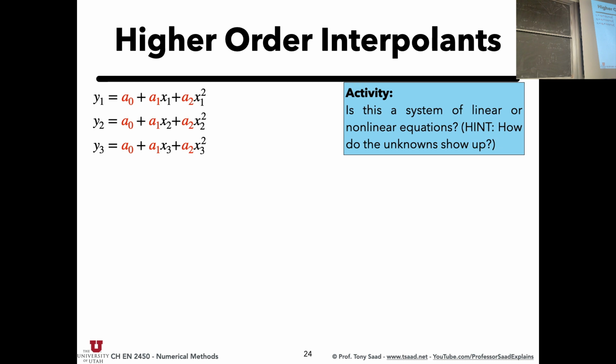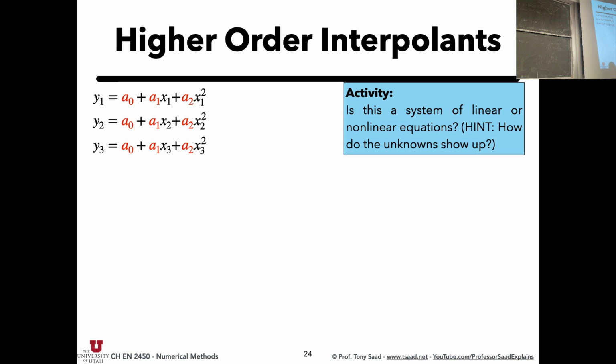For all I care, they could be under logarithms or x1 to the power 1 million. It's a value. It's a number. The variables of interest, A0, A1, and A2, are not exponentiated. They're not under a function. They show up linearly. Even if they were under a function, I would call them a different name. If I had sine of A1, I would call that A1 prime.